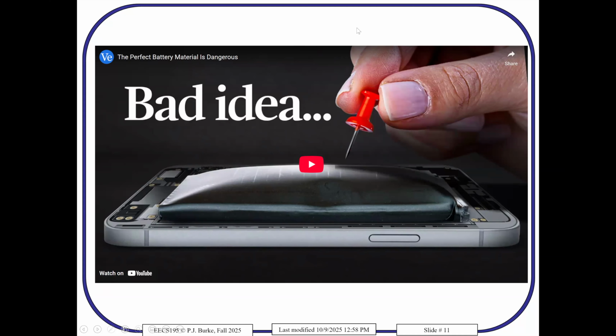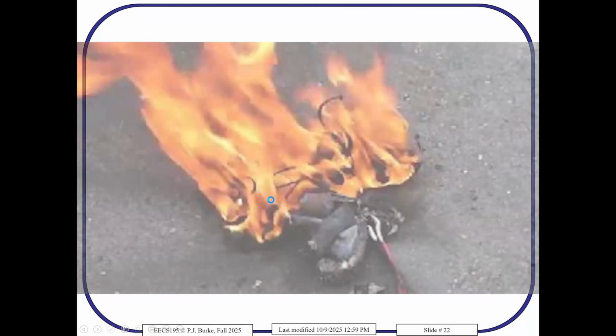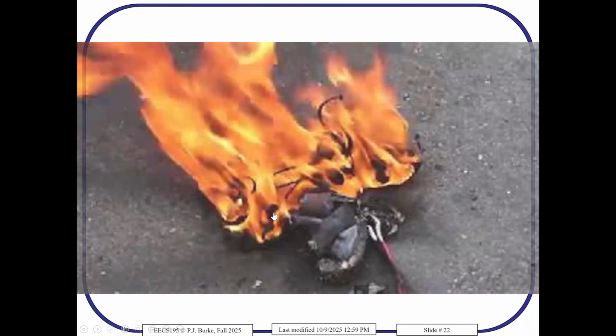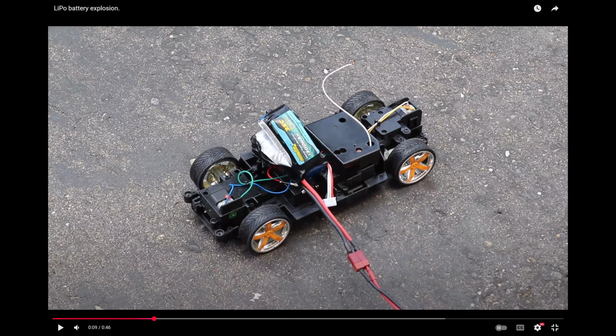So we don't want that. I have a couple of fire videos to demonstrate that. Oh, we didn't punch it, okay? We didn't touch it. It's sitting there charging. So the other way that you can cause a fire is by charging it up incorrectly.